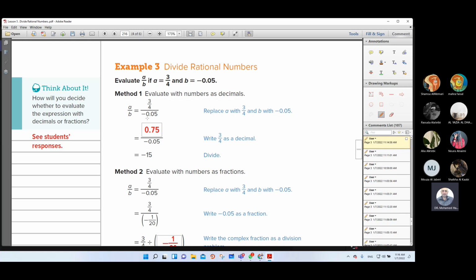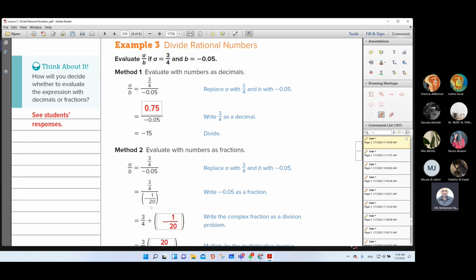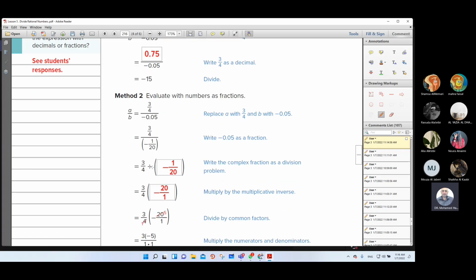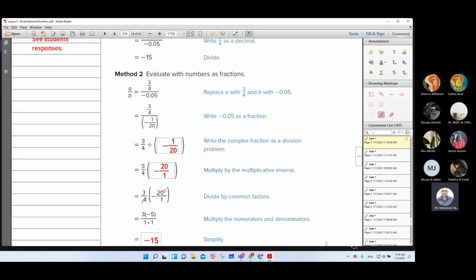The second method, you can keep the fraction and change the decimal to the fraction. Then you can use the rule: write the same fraction, change divide to multiply, then find the reciprocal, negative 20 over 1.